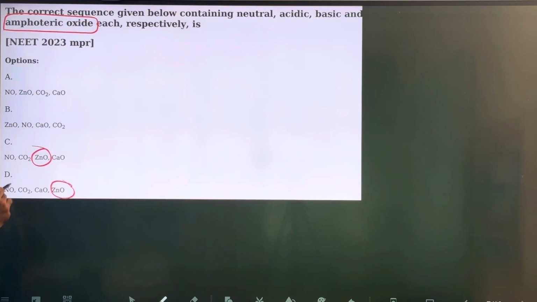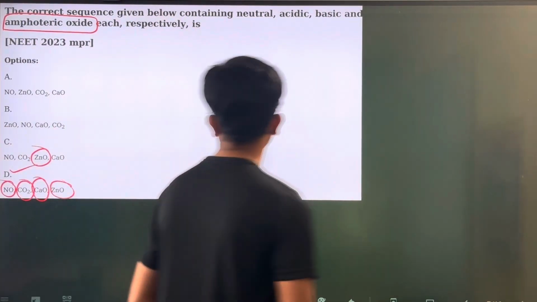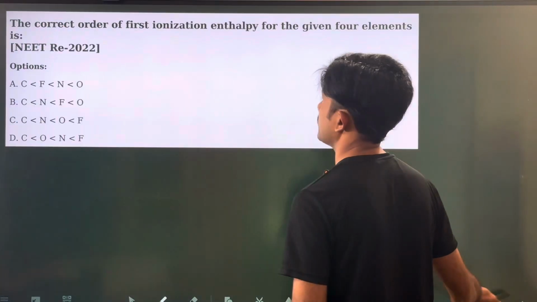And NO, already you know, is the neutral oxide. Next is carbon dioxide, which is an acidic oxide. Non-metallic oxides are all acidic oxides. Next, calcium oxide is a metallic oxide and it is a basic oxide. So which one is the right option here? Option D is the right option. Okay, then move on to the next question.